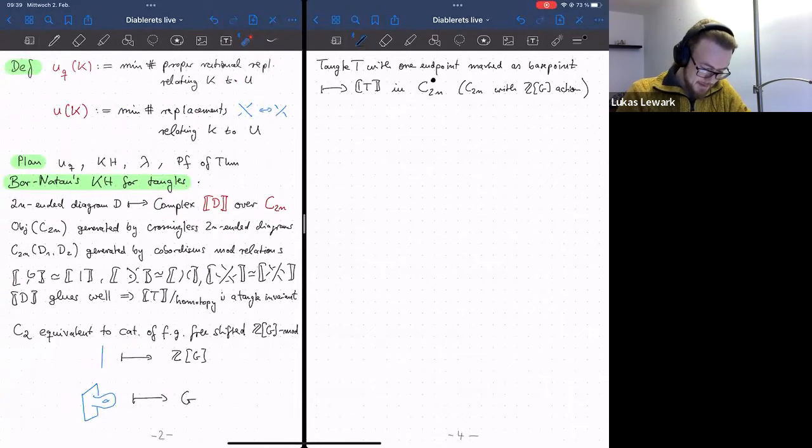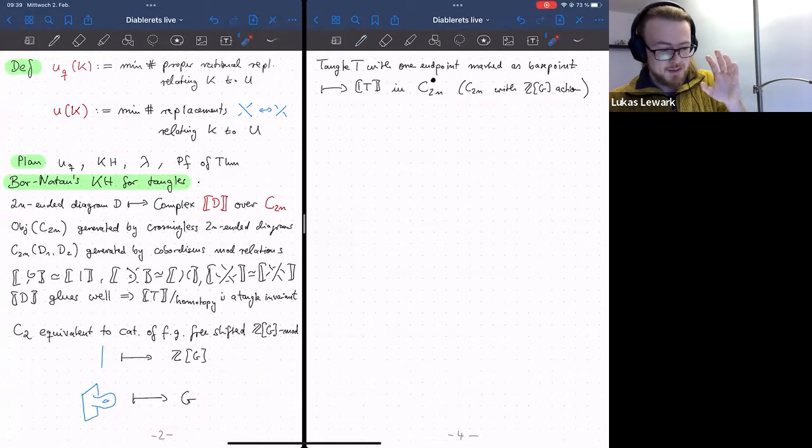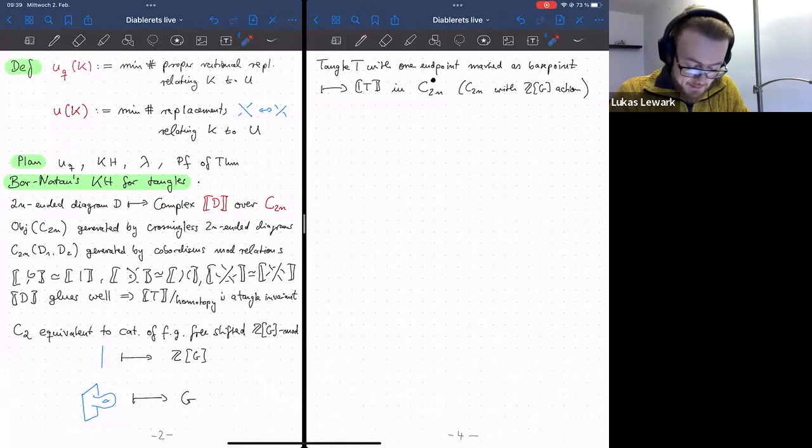So you remember that in this equivalence of categories here, G just corresponds to this curtain with genus 1. So now that you have a designated base point, you just glue this curtain with genus 1 to your cobordism at that base point. And that gives you a ZG action on the morphism sets of your category C2N.